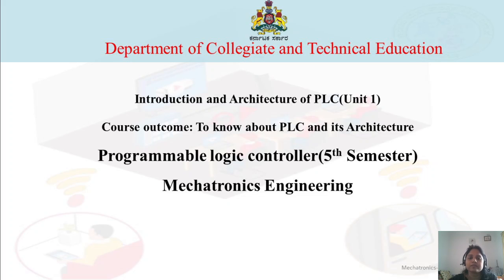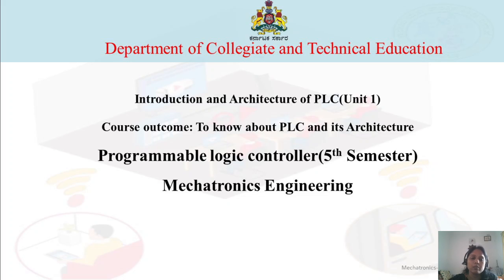In the second session, we learned the classification of PLCs. Why do we need classification? Is it necessary to have so many different types of PLCs? Yes, because of the applications we are using in today's world.